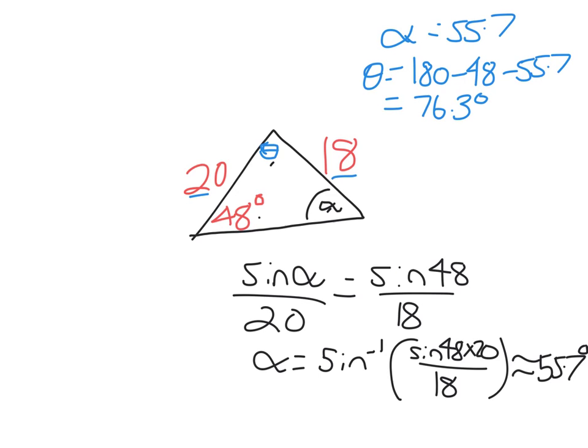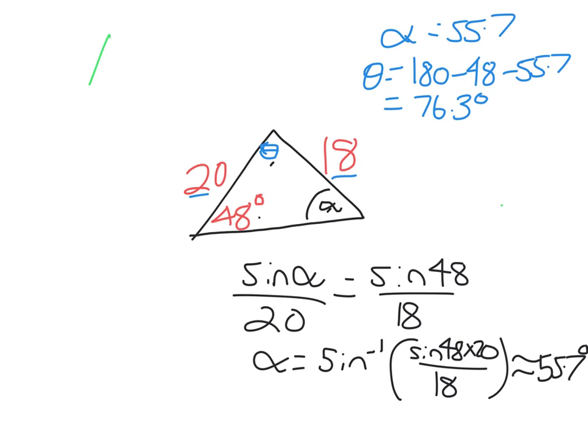So that was the hard part. Recognizing that I couldn't use the half ab sine C formula straight away, I needed to do a little bit of work first, and I've done that. I've now found the angle between the two sides I know. Once I've done that, finding the area is very, very simple.